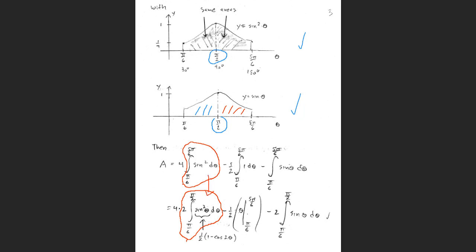It's easier having a pi/2 limit than a 5pi/6 limit. Similarly, the third integral from pi/6 to 5pi/6 of sine theta d theta can be written as 2 times the integral from pi/6 to pi/2 of sine theta d theta.